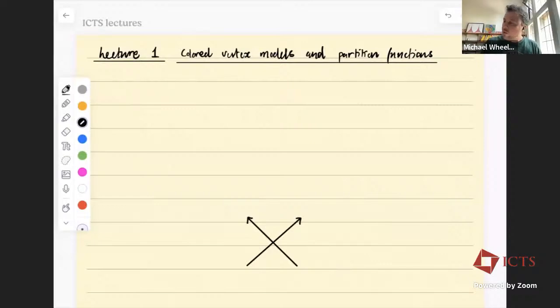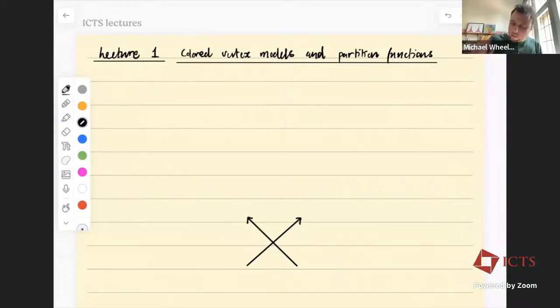aspect of the work. And if anyone is looking for a sort of reference outside of anything that I might say here, this is the text that I wrote a few years ago with Alexei Borodin, and it's called Colored Stochastic Vertex Models and Their Spectral Theory. And I'll try to follow the exposition in there fairly closely, but hopefully at a less technical level.